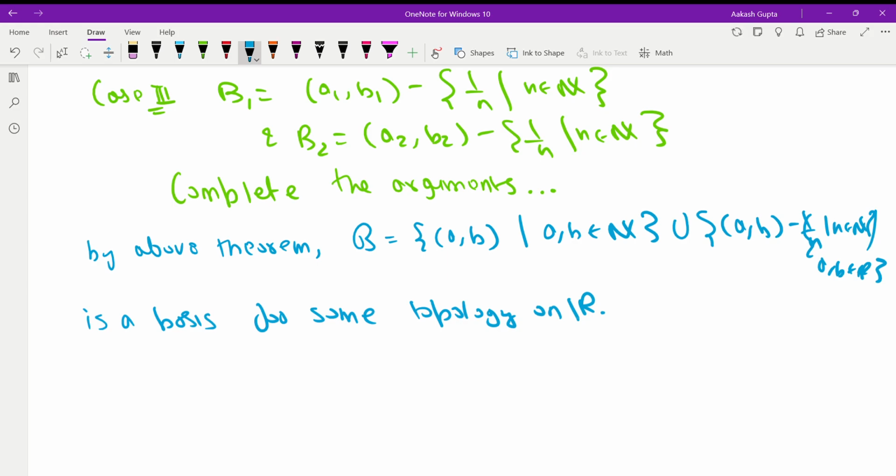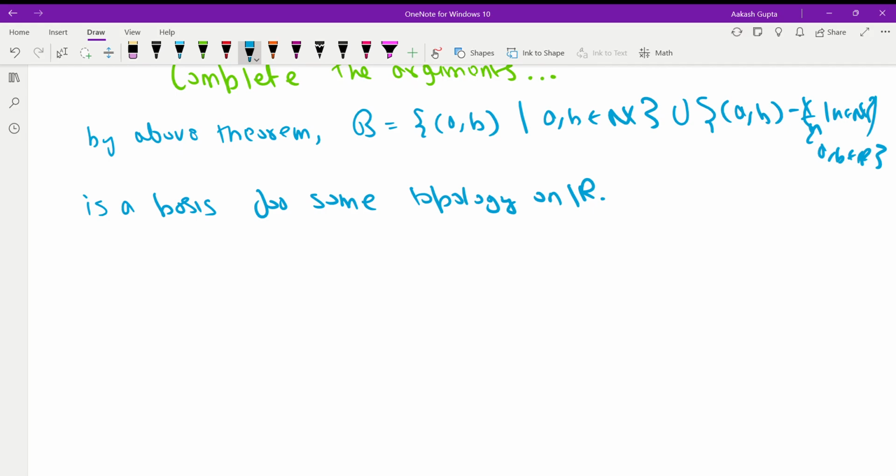How to find all open sets? Take the unions of these sets, and of course the empty set and everything. That's how we have defined the topology. So this was an example. Like I told you, whenever you have two topologies on a particular set, you should always compare them. So let me have that comparison also.